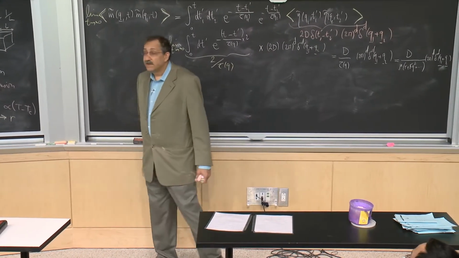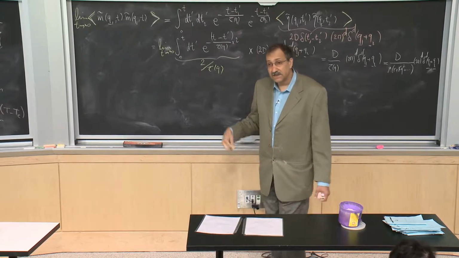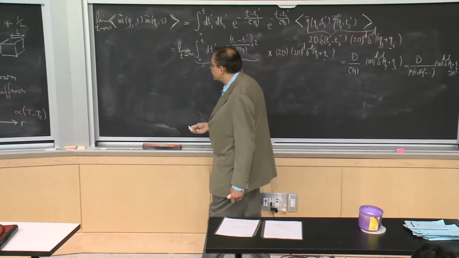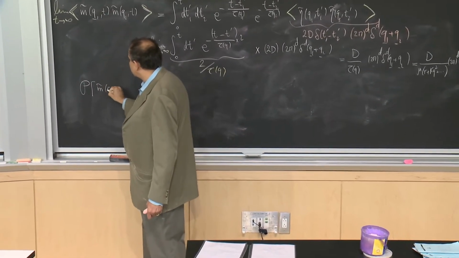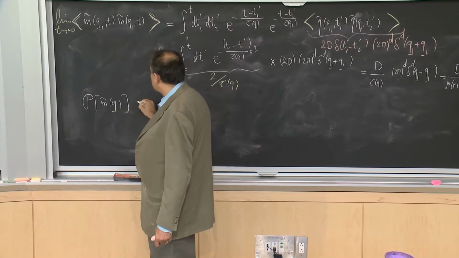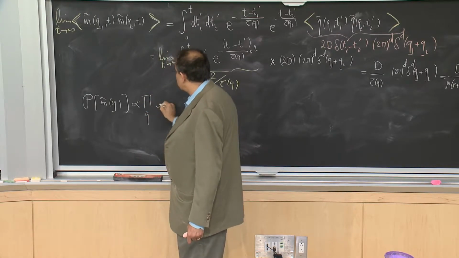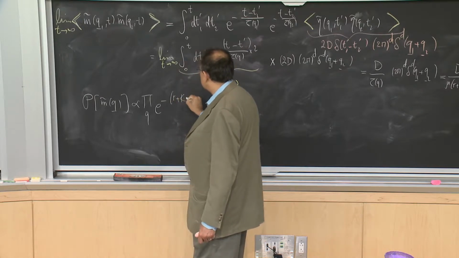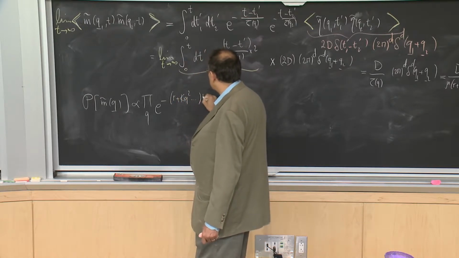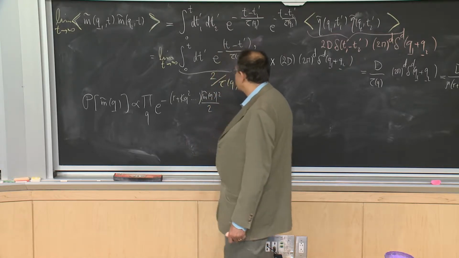I can go and express that probability distribution in Fourier modes. In the linear version, I immediately get that the probability of m tilde of q is proportional to a product over different q's, e to the minus r plus k q squared, etc., m tilde of q squared over 2. Right?